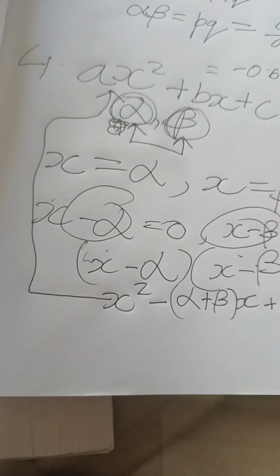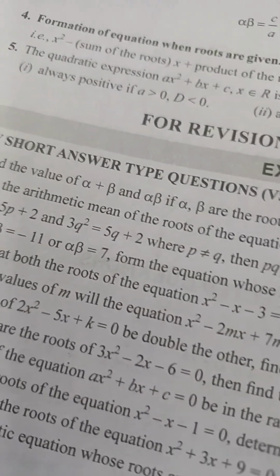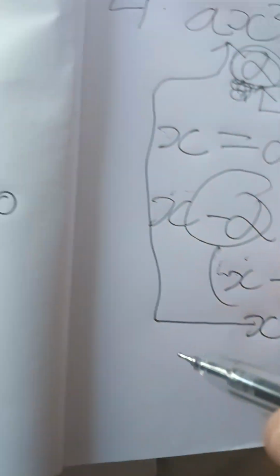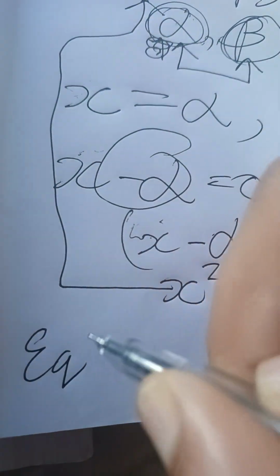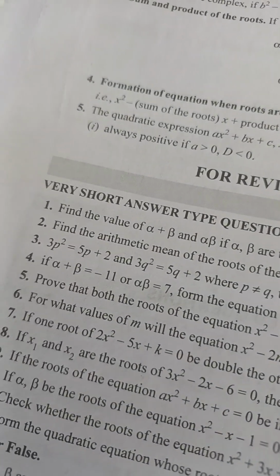Okay guys, and what does it say? If that is that and that is that, the equation would actually be x square minus alpha plus beta. So it's minus 11, right?